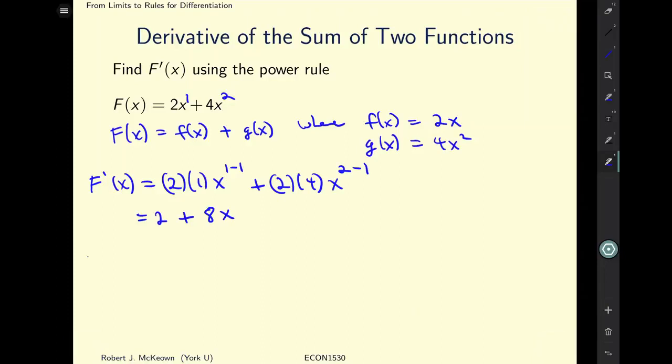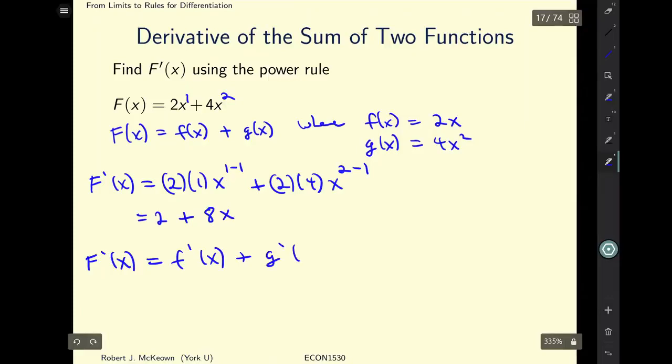which is just like saying, formally, the derivative of big F is just equal to f prime x plus g prime x. So the derivative of capital F is equal to the derivative of little f plus the derivative of little g.